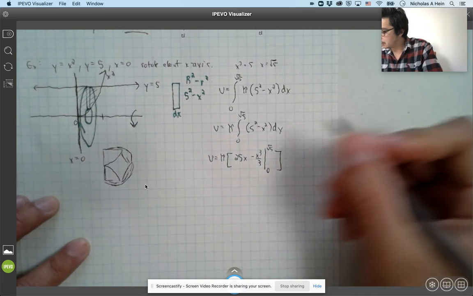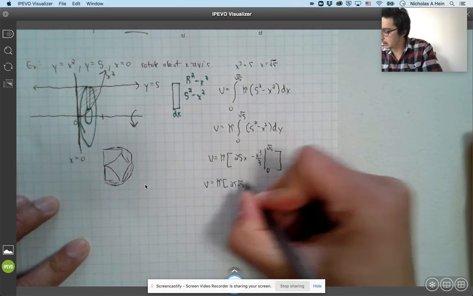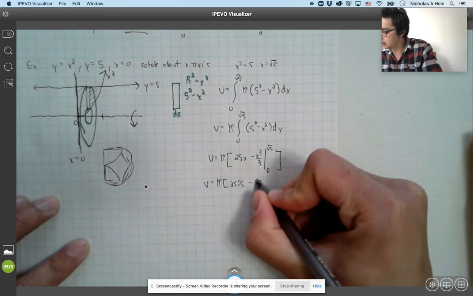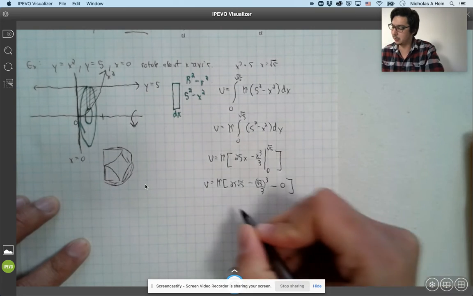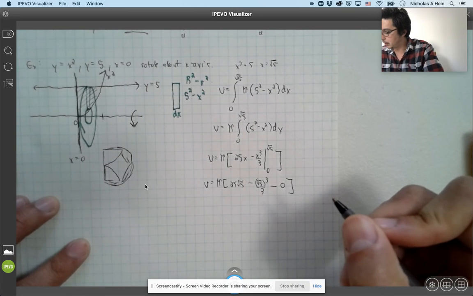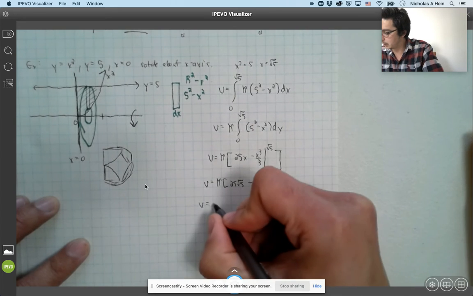Going to get a bit complicated, isn't it? Pi times, let's see here, 25 root 5 minus root 5 to the third over 3, and all that is just going to be minus 0 if you plug 0 into all of that. So then what we end up getting here is multiplied by 3 over 3, we'll get pi.